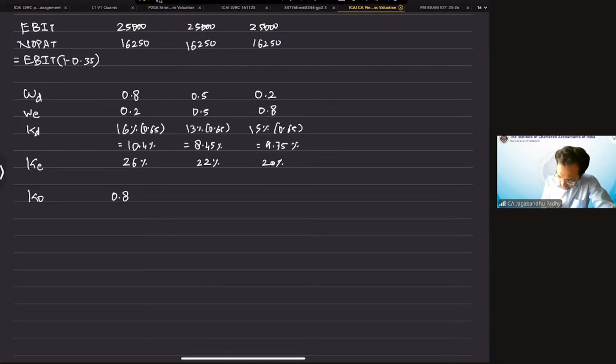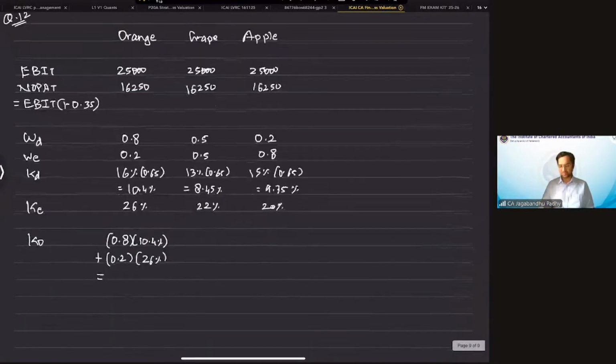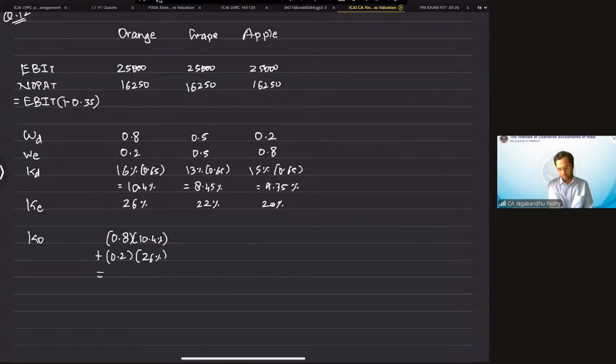So KO is 0.8 into 10.4% plus 0.2 into 26%. What is KO for the first company?